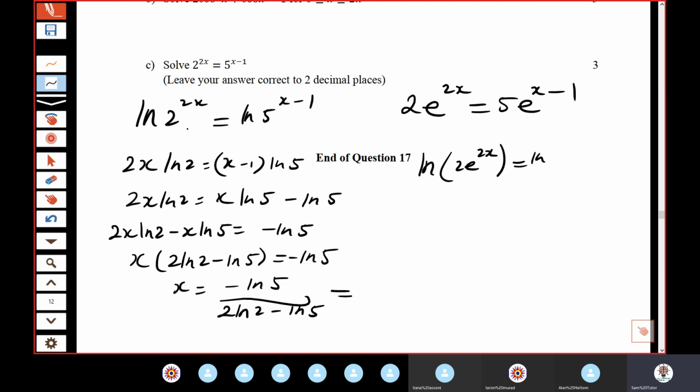The problem is it just doesn't work as nice as we would like it to be, but that's fine. Okay, what do we know about log of two terms that are multiplied? They plus. A plus. So log 2 plus log e to the 2x equals log 5 plus log e to the x minus 1.